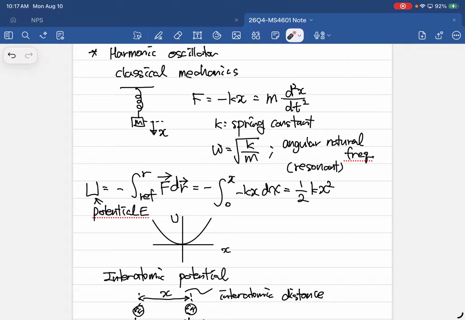Once you do that, it becomes 1/2 kx squared. If you look at the potential energy, that is simply a parabola, right? If I describe U, potential energy, versus x, that is essentially a parabola.